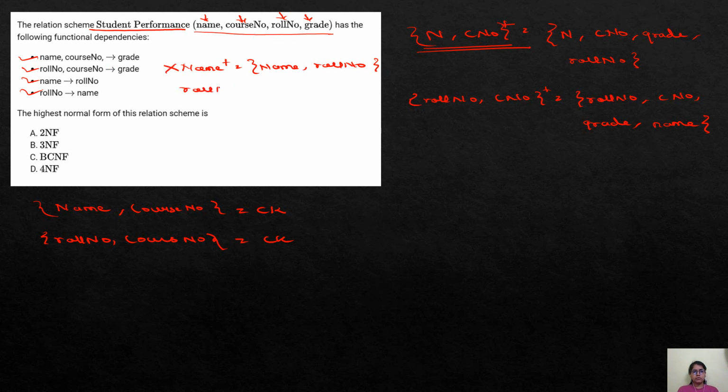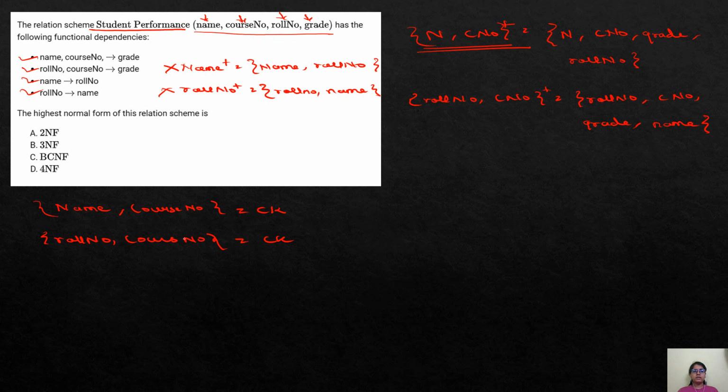Let's check roll number also. The attribute closure of roll number gives roll number, name, and from these can we derive grade and course number? Clearly, from the dependencies we cannot. So roll number is also not a candidate key. So we can finally say that our candidate keys are name, course number and roll number, course number.